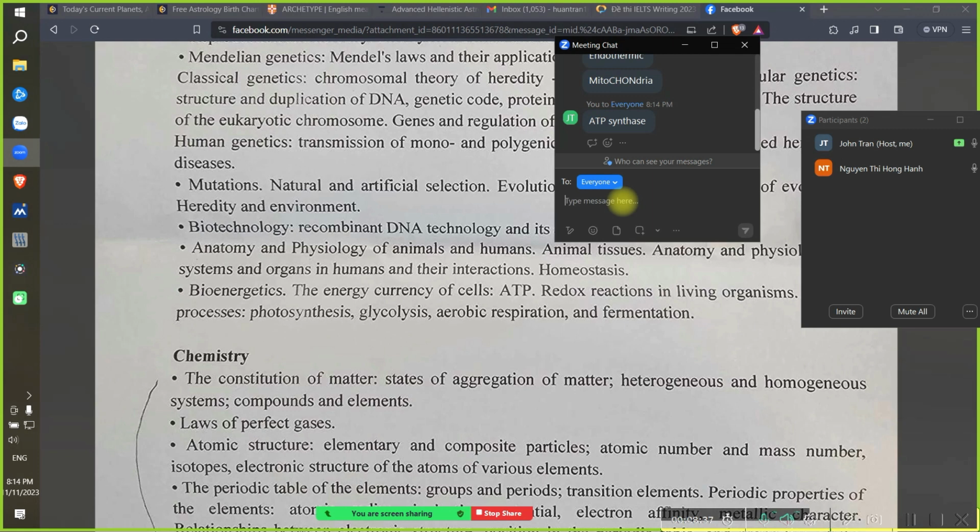So this enzyme is responsible for the production of ATP. It is a protein that is embedded in the inner membrane of the mitochondria. There's a process called chemiosmosis.